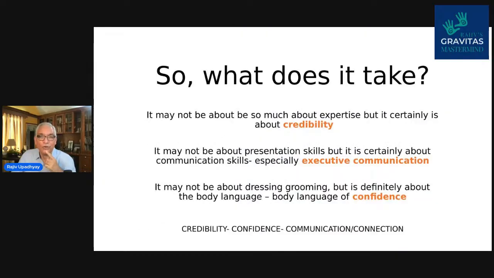All right. So let's have a look at if this is the thing. I hope you've got a picture of what executive presence is at a higher level. Why is it important? That also we have talked about. Let's have a look at, if I have to develop that presence, what would be the best way for me to do it?